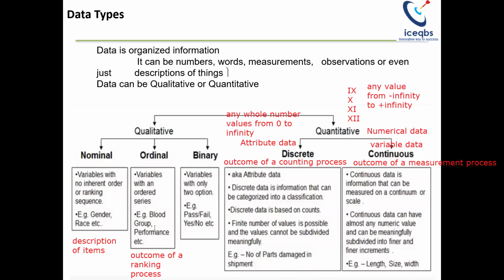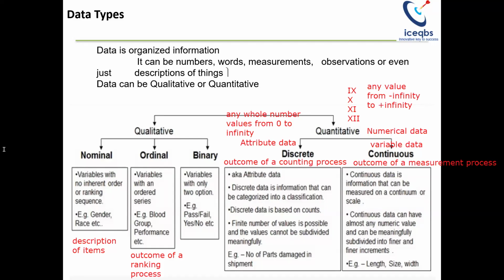Or suppose I ask you to give feedback about my training on a scale of 1 to 10, where 1 means very poor and 10 means excellent. Then you are going to give some rating, like maybe 7 or 8 or 9 or 10. That number rating is also ordinal data because it is the outcome of a ranking process.